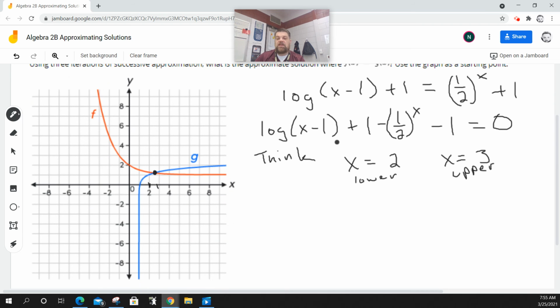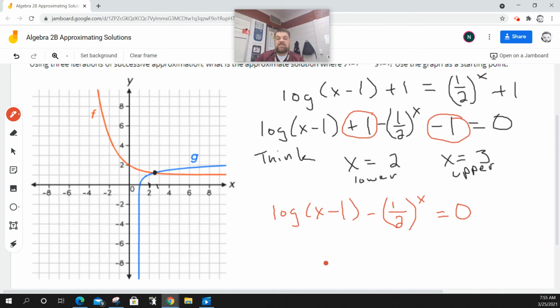Now, before I do that, I've noticed that I have a positive 1 here and a negative 1 here. So I can just toss those out, and I'm going to evaluate this at log of x minus 1 minus 1/2 raised to the x equals 0. I'm just simplifying my equation.